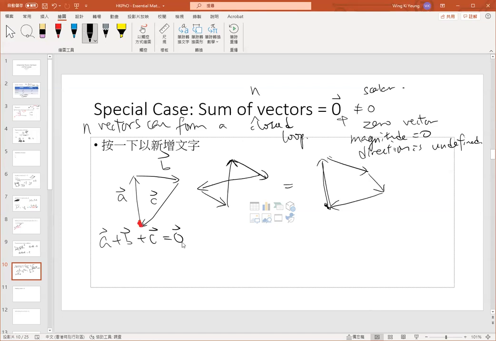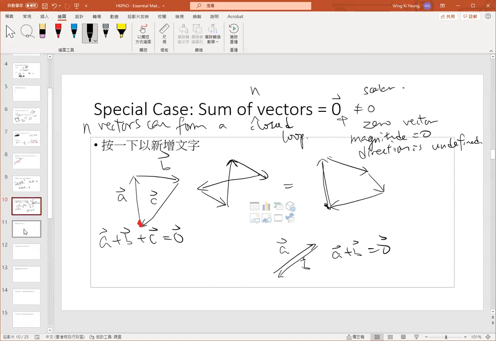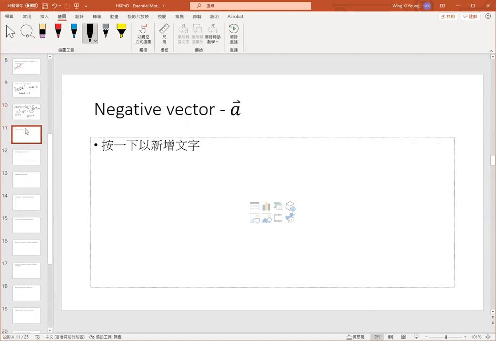And if there are two vectors and the sum of the two vectors equals zero, then they should be parallel to each other, but opposite to each other and have equal magnitude. So in this case, a plus b equals zero. It will be quite useful later on when we are dealing with the chapter on force.